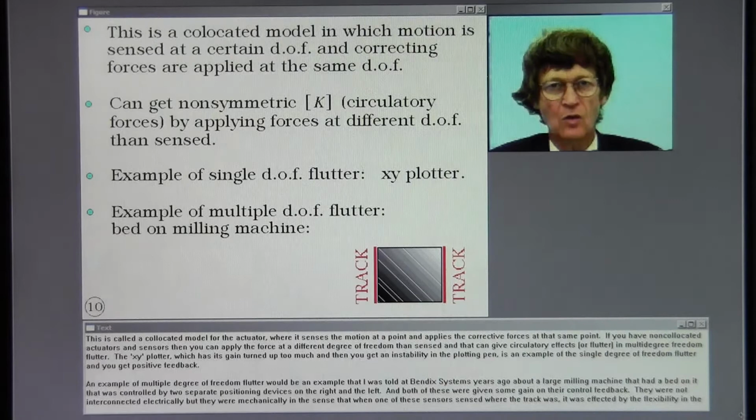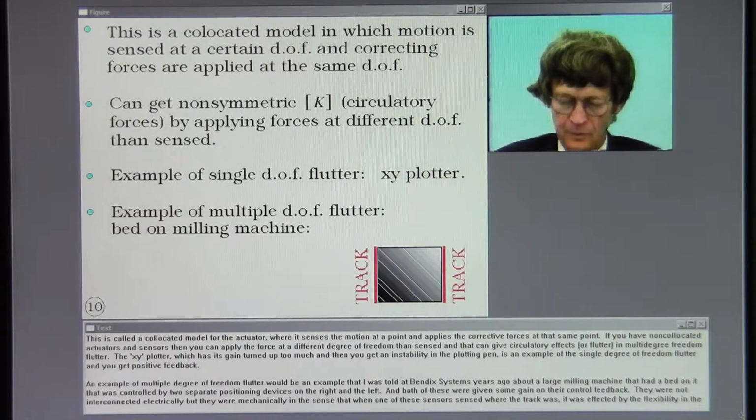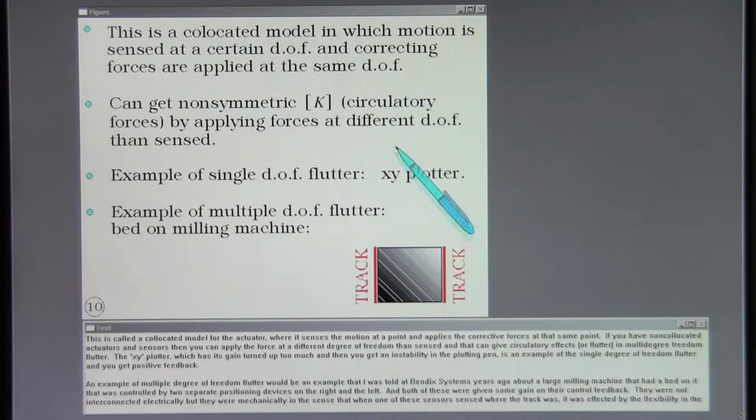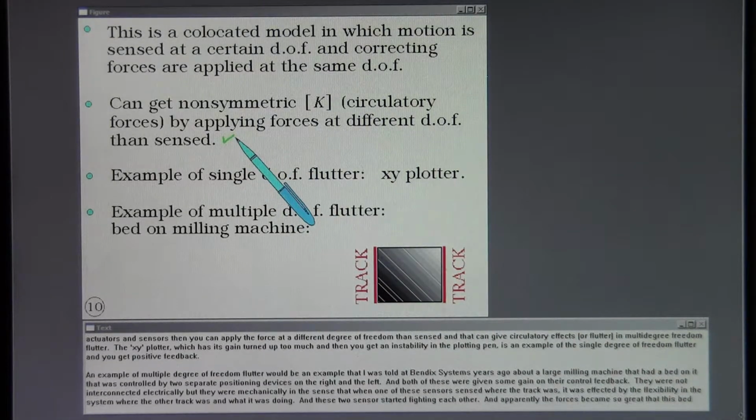This is called a co-located model for the actuator, where it senses the motion at a point and applies the corrective forces at that same point. If you have non-co-located actuators and sensors, then you can apply the force at a different degree of freedom than sensed, and that can give circulatory effects or flutter, multi-degree of freedom flutter.